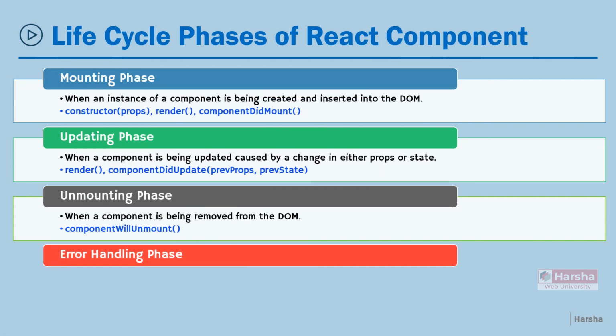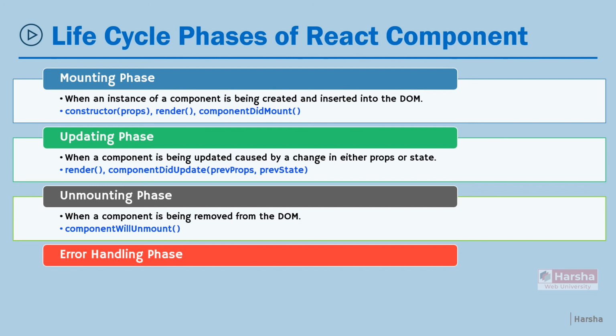Now let's focus on the unmounting phase. In this phase, mainly one method will be executed, that is, componentWillUnmount. This phase will occur before leaving or deleting the current instance of the component. Generally, this occurs when the user navigates to another route in case routing is enabled, or when the parent component deletes the current instance of the current working child component.